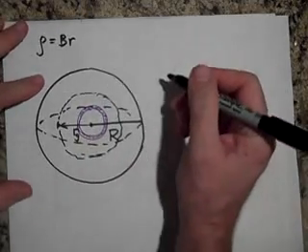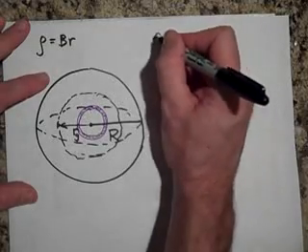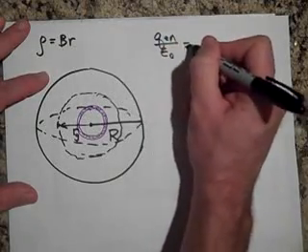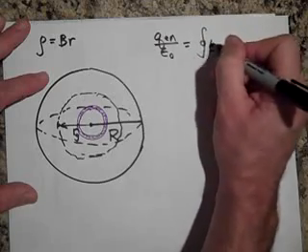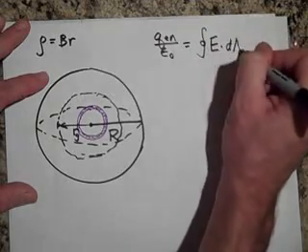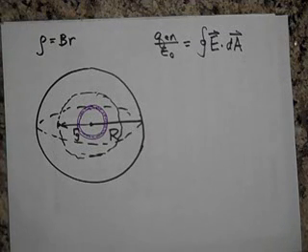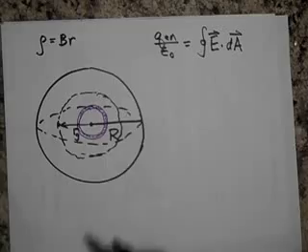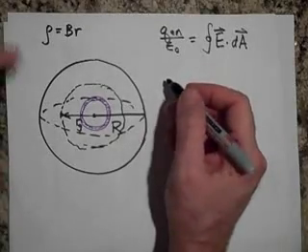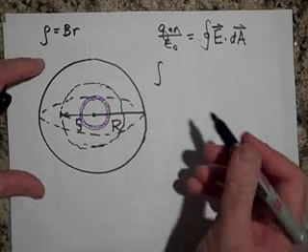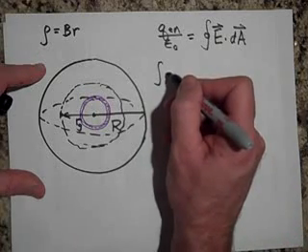getting the charge enclosed. So the charge enclosed over epsilon naught is equal to the closed integral of E dot dA, Gauss's law. Well, the charge enclosed is going to be, what I'm going to do is sum that up using rho dV.